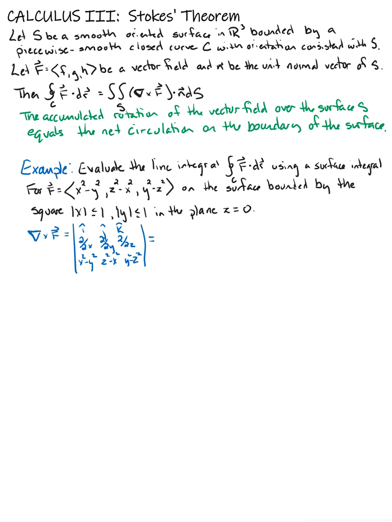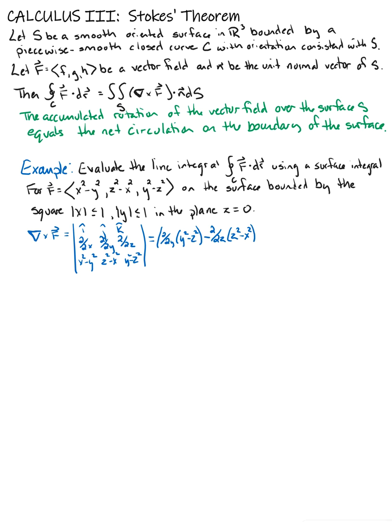Of course, remembering how you work the gradient, this tells us that we are going to have the partial with respect to y of y squared minus z squared minus the partial with respect to z of z squared minus x squared.